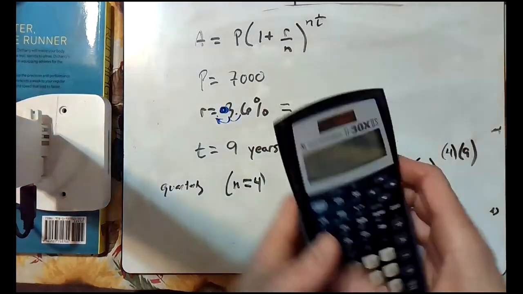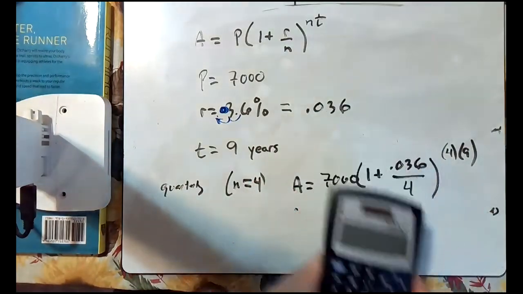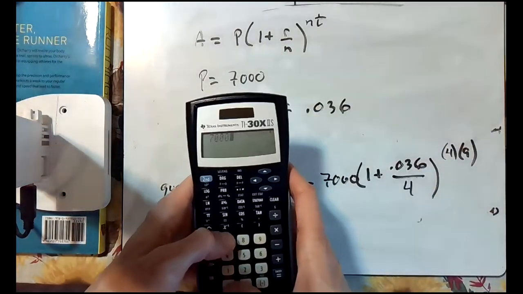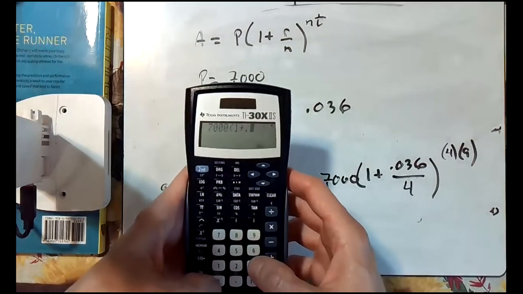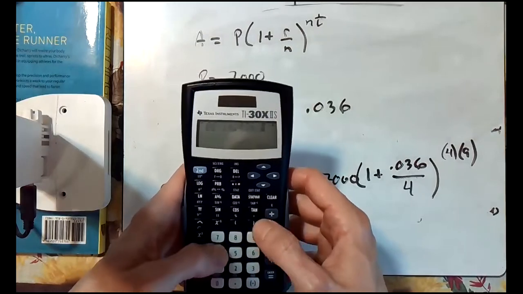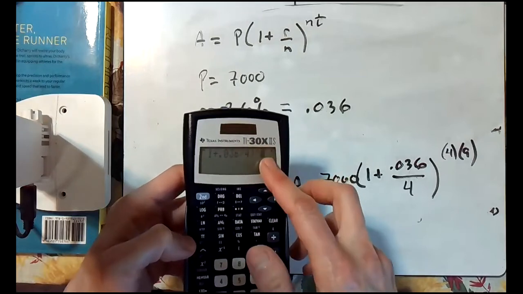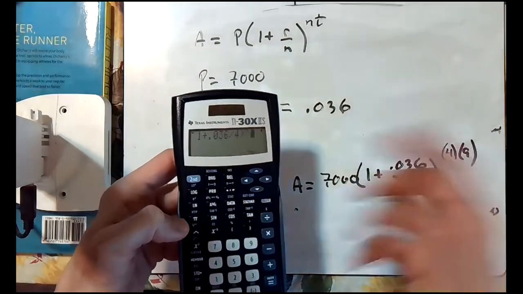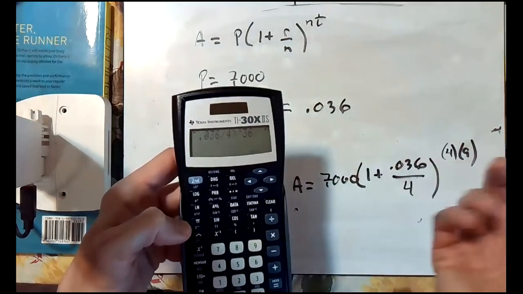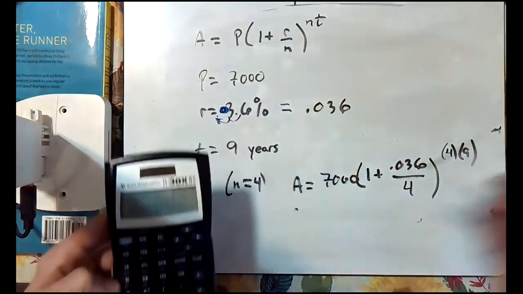Once we have that, we just retype the problem into the calculator. 7,000 times 1 plus 0.036 divided by 4. Close the parentheses, caret key, and then I'm going to do 4 times 9, but that's just 36. Hit enter.